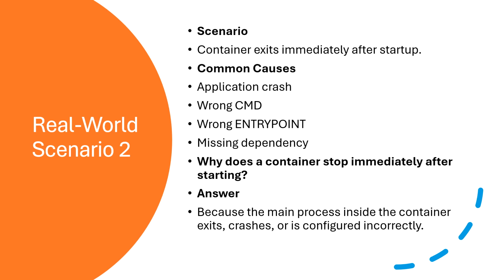An important thing to remember is that containers continue running only when the main process is running. If the main process exits, the container will exit also. So the container stops immediately because the main process is exiting, or it is crashing, or it is not configured properly.